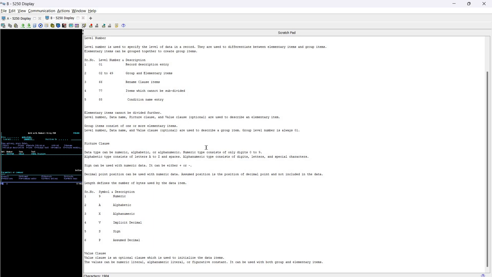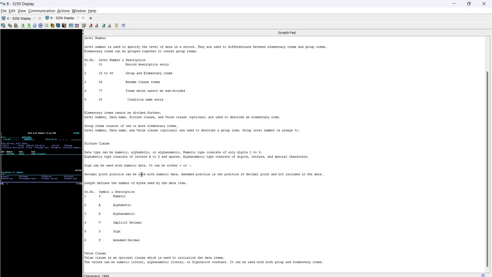Numeric type consists of only digits from 0 to 9. Alphabetic type consists of letters from A to Z, capital or small, and spaces. Alphanumeric type consists of digits, letters, as well as special characters. These are the values that we can define.